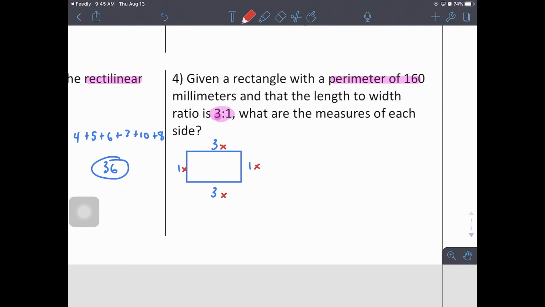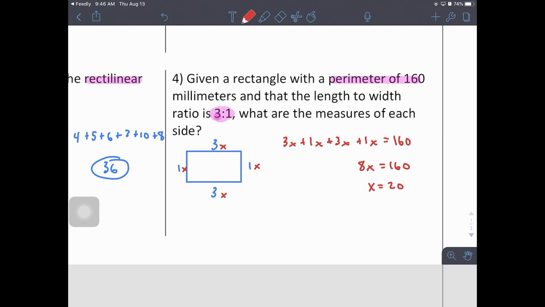So now I need to figure out what this factor is, and I know that 3x plus 1x plus 3x plus 1x has to add up to be 160. So now I can just solve this equation. I get 8x equals 160. Divide by 8 both sides. That gets us 20. So we multiply each side by a factor of 20.